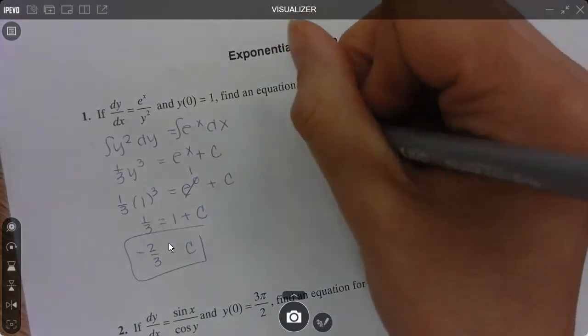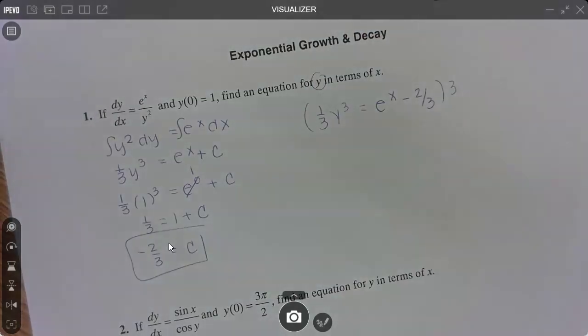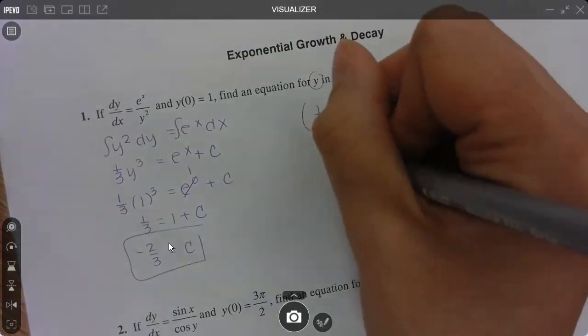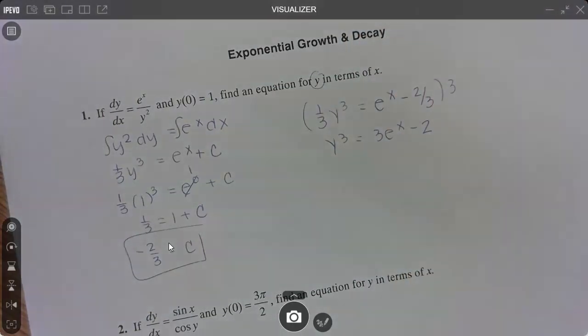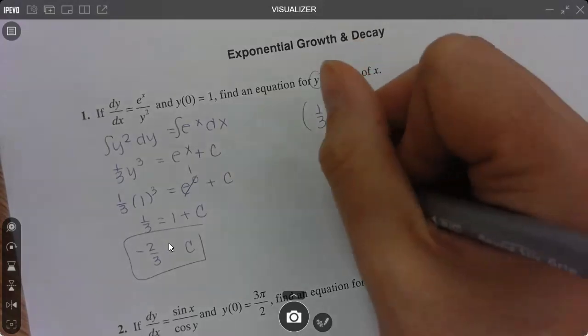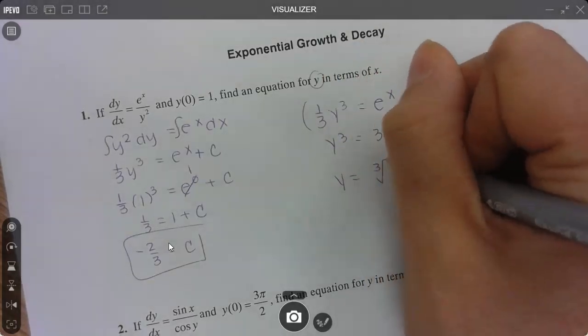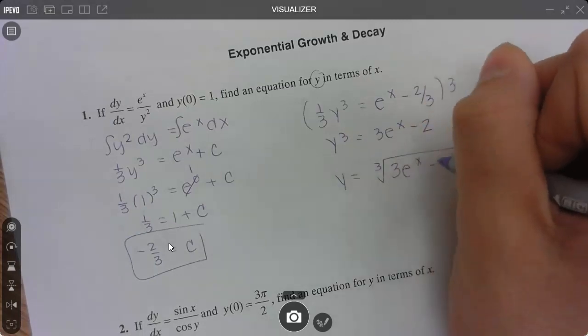So we're going to multiply everything by 3. So I get y cubed equals 3e to the x minus 2. And then we're going to take the cube root of both sides.